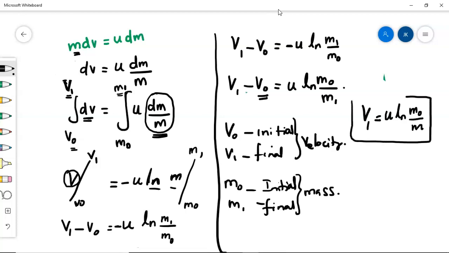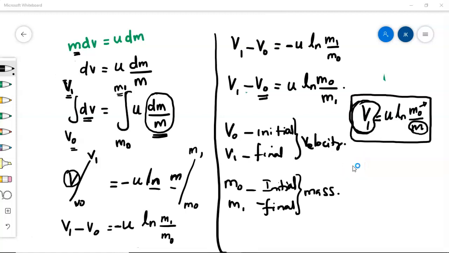So using this equation we can find the final speed of the rocket at any time, by substituting m0, the initial mass of the rocket, divided by the final mass of the rocket. Whatever value you substitute, you can find the speed of the rocket.